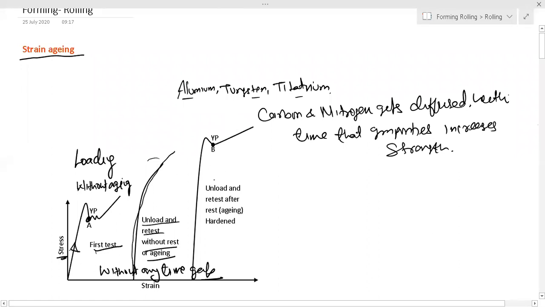But if you give some time to the material, suppose you leave it for one week or one day, and reload, you see that the yield point is increased. So unload, retest after aging, and the material gets hardened.